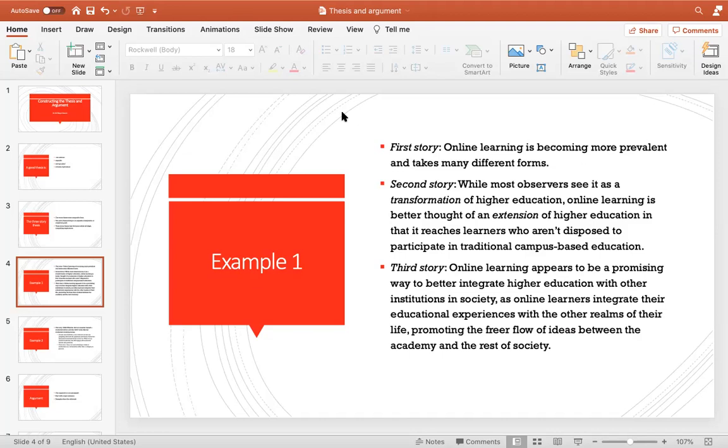So basically this thesis statement is proposing that higher education can integrate all of them together, so that when you as a student are enrolled in a university, you only need to log into your Moodle account or whatever account your university gives you, and then through that account you can have access to other institutions of the society as well.